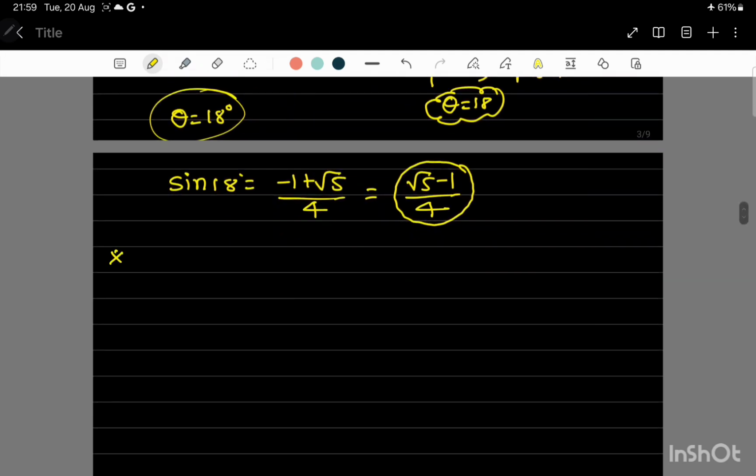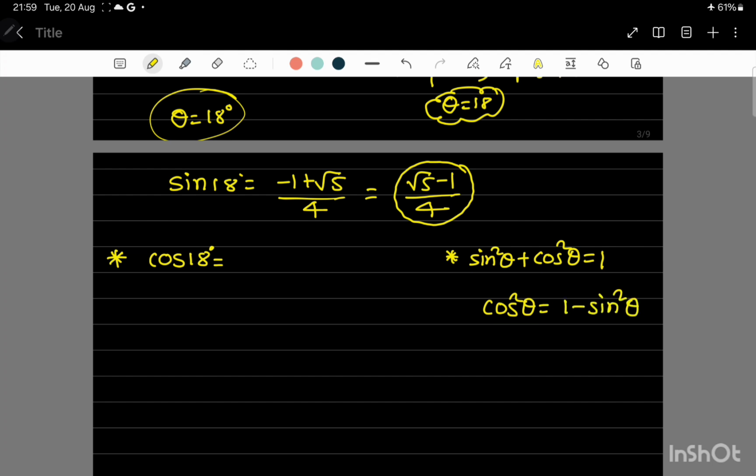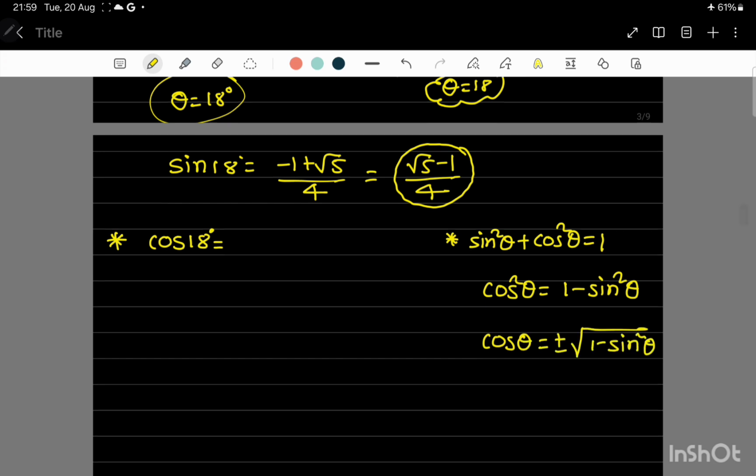So how to find the value of cos 18 degrees? We know sine square theta plus cos square theta is equal to 1. So cos square theta equals 1 minus sine square theta, and cos theta is equal to plus or minus root of 1 minus sine square theta.